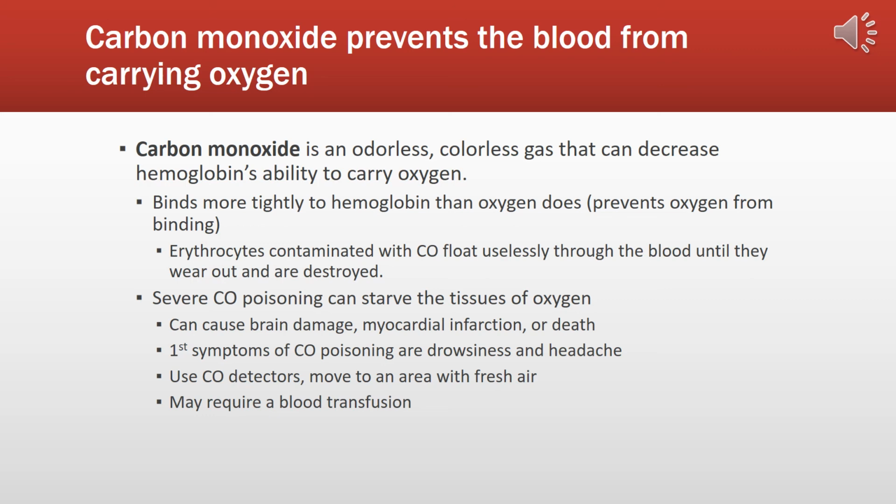So one way to prevent CO poisoning is to use CO detectors, which go off when they detect CO, and then move into an area with fresh air if you suspect CO poisoning may occur. And treatment of CO poisoning may require a blood transfusion simply so we can get blood cells that haven't been affected by CO into an individual.